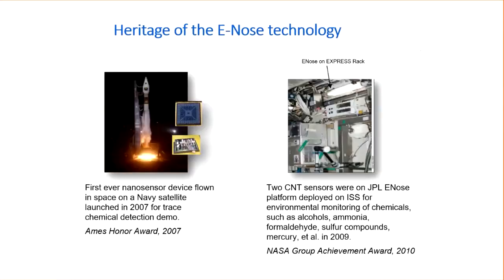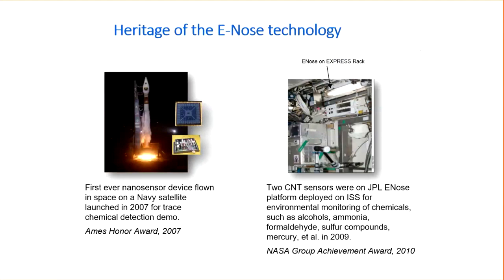Yeah, so on this slide, we are going to talk about the heritage of the eNose technology. We have worked on this technology since 2001. We built an initial eNose type of device and launched it to space in 2007 on the Navy satellite for trace chemical detection. This is the first ever nanosensor array device flown into space.